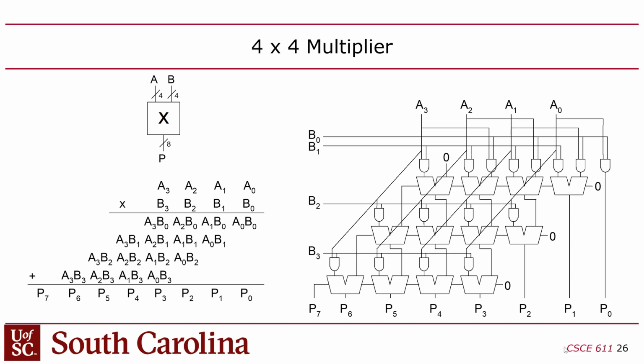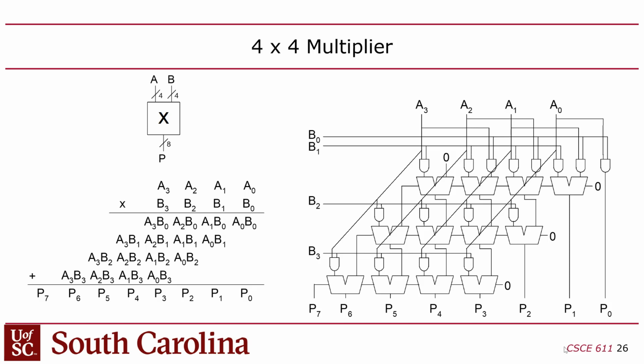So A bit 0 is here, right? And A bit 1 is going into this one, or at least it should be. Right, because we want to be able to add, so you can see that here, right? You want to be able to add A bit 1 B0 with A bit 0 B1. That makes sense?